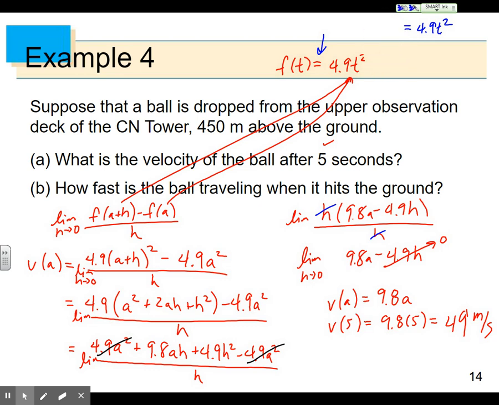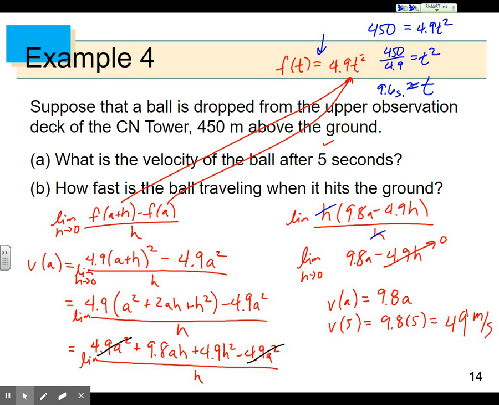It'd be where its position changed by 450. Sorry, I'm going the wrong way. So it'd be after the ball had moved that 450 meters. If I divide both sides by 4.9, I get 450 divided by 4.9. I'm going to do the lazy man approach on this: take the square root of both sides, and that gave me around 9.6 seconds.